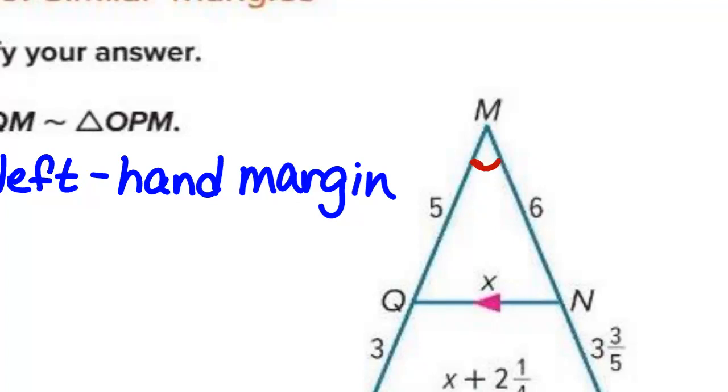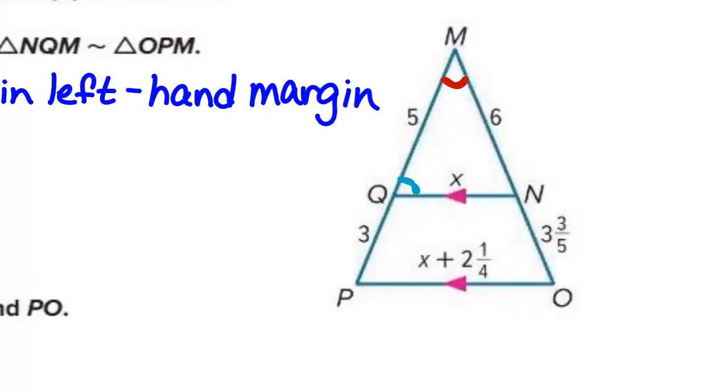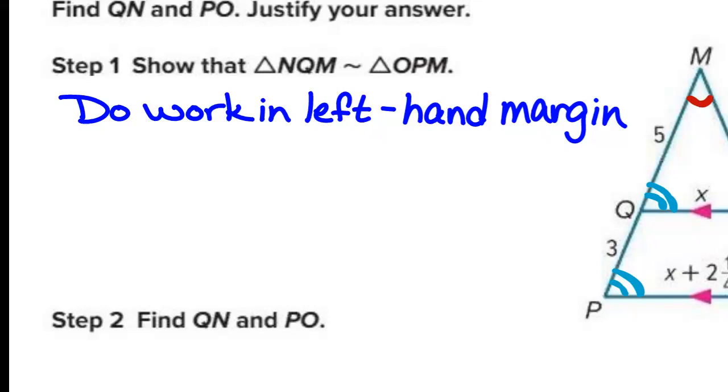We have a shared angle M up here. And then we have corresponding angles, Q and P. So these two triangles are similar to each other by angle-angle similarity.